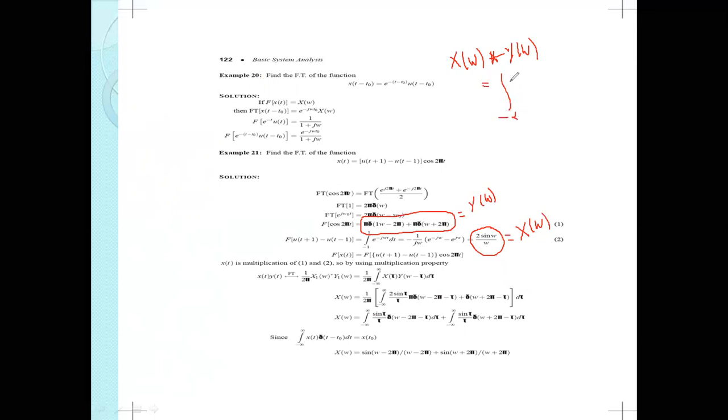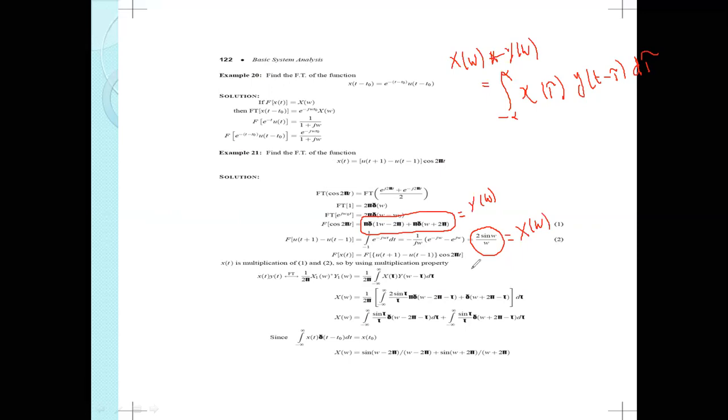formula for this one? Minus infinity to infinity, the convolution of the two functions: X of tau, Y of t minus tau, d tau.